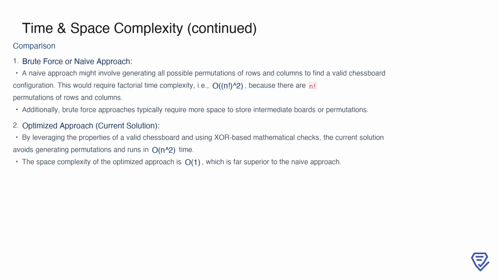Furthermore, brute force methods often require additional space to store intermediate boards or permutations, leading to higher space complexity. In contrast, the optimized approach takes advantage of the properties of a valid chessboard, using efficient XOR-based checks and eliminating the need for permutations. This enables it to run in n squared time and use only O(1) space, offering significant improvements in both time and space efficiency.